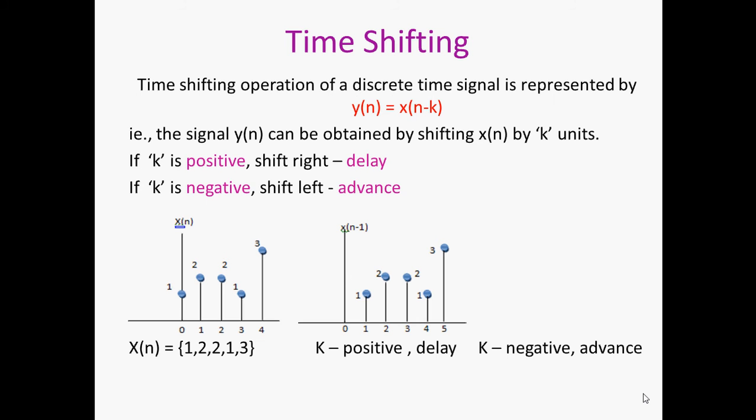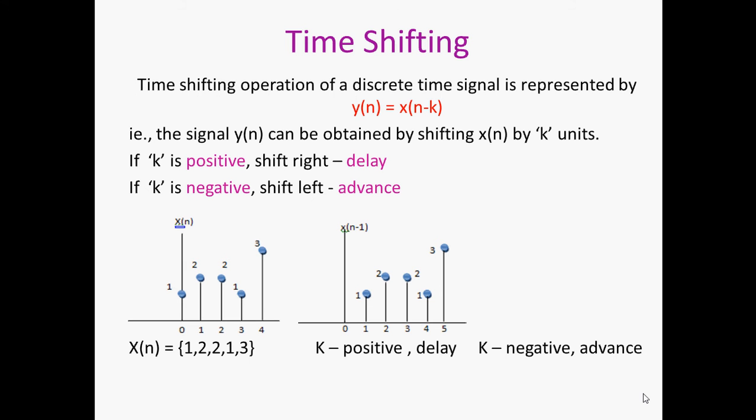After obtaining the k value 1, it is added to the starting value of the signal x of n. The starting value of your x of n is 0. So 0 plus 1 is 1. So in x of n minus 1, the value starts from 1.